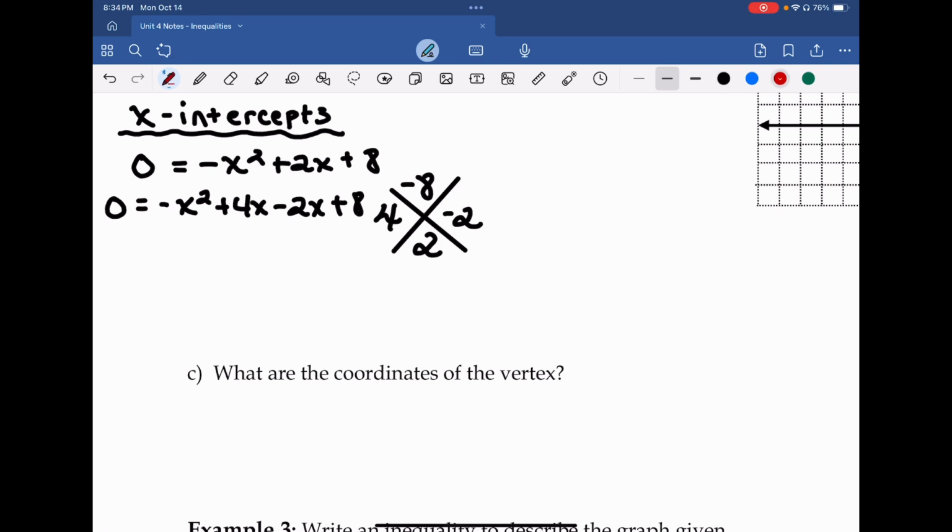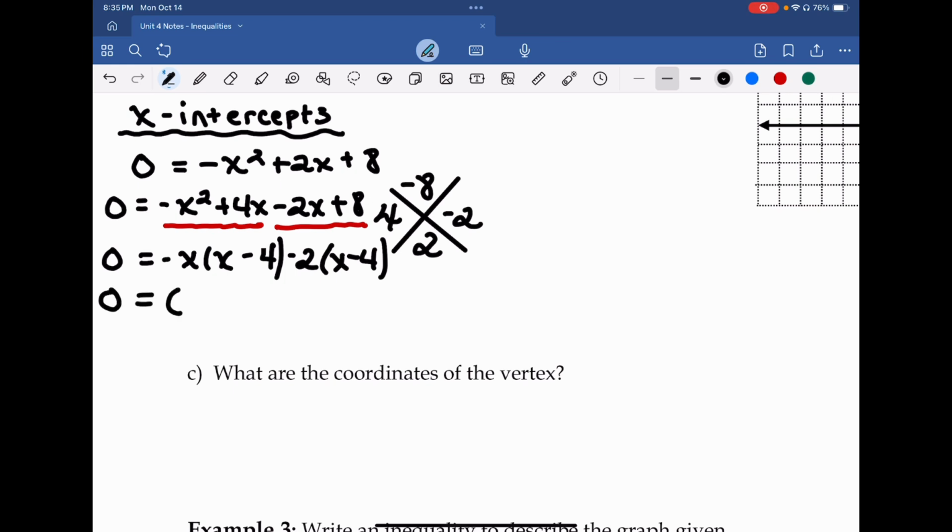I'm going to factor by grouping. So I group the first two, group the second two. This is going to give us 0 is equal to negative x, minus 4. I'm going to factor out a negative 2, leaving me with x minus 4 in my second bracket. Now, putting together the bracketed terms I have here, we take out one of the common terms, and then we pair together our two outside terms, negative x minus 2.